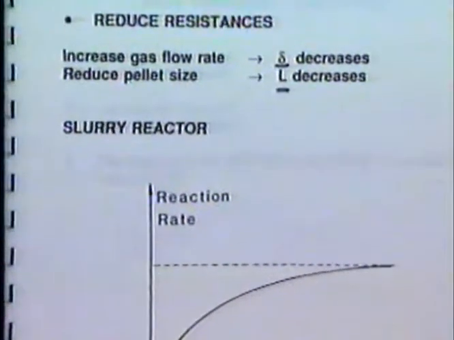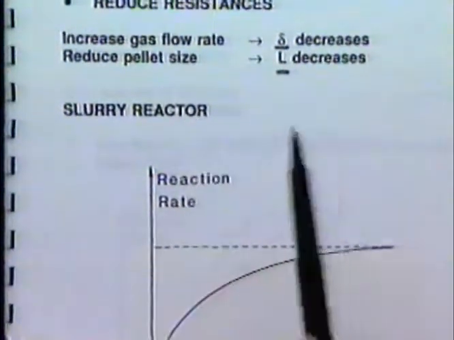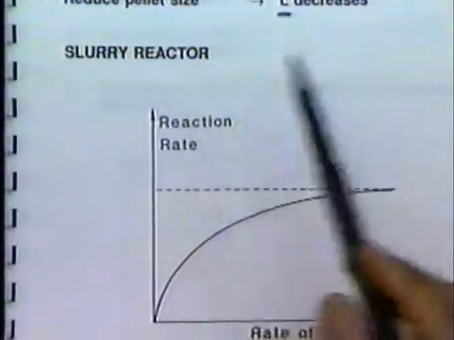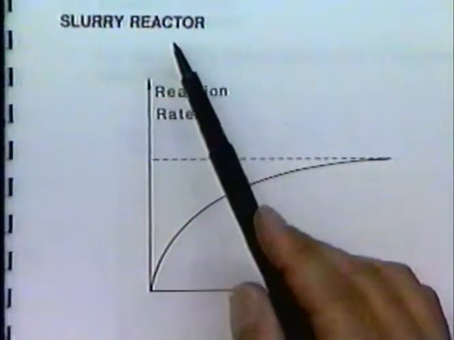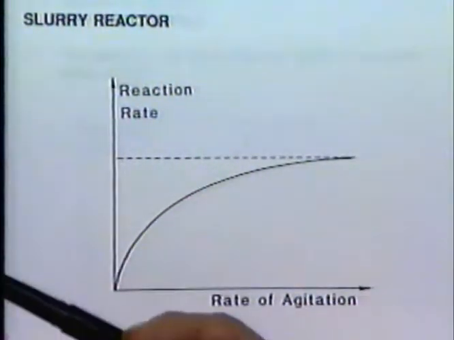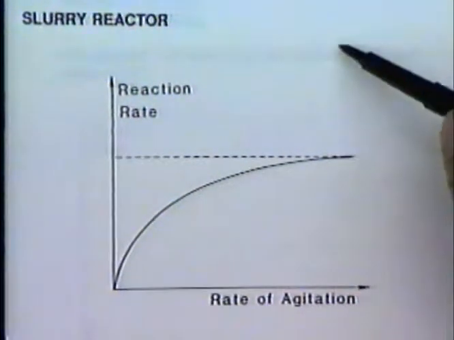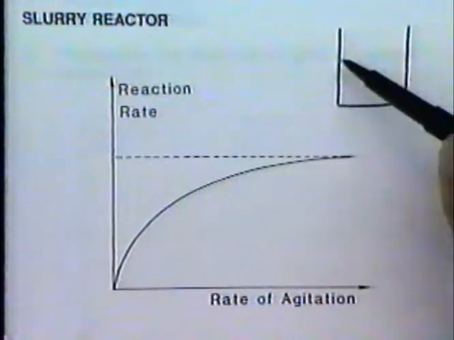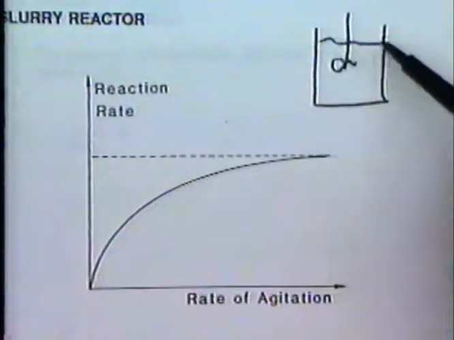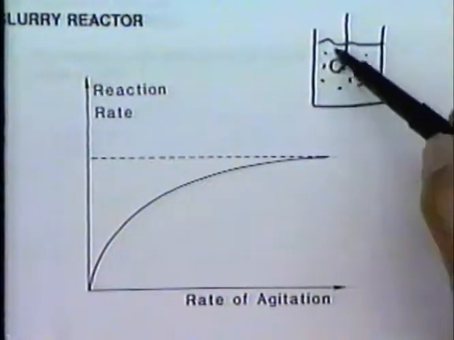In the case, for example, of a reaction in which the catalyst is immersed not in a solid, but in a liquid, this will be the so-called slurry phase reaction. We have a reactor, we have a liquid, and we have catalyst particles here.